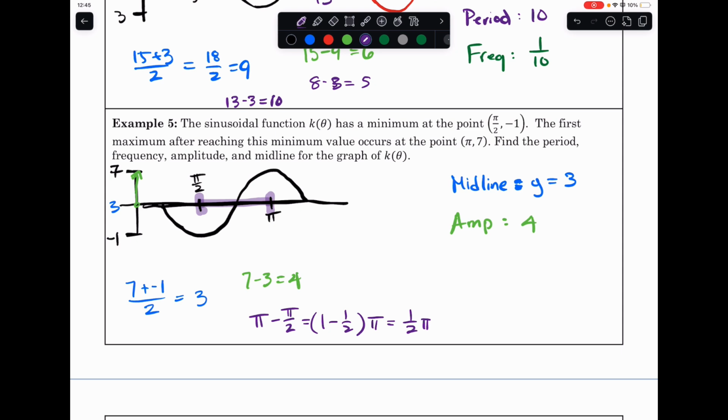So since this distance is half of a pi, that means the period will be twice as big. So our period would add another half pi, which will give us 1 complete pi. And our frequency is simply the reciprocal of that, which is 1 over pi.